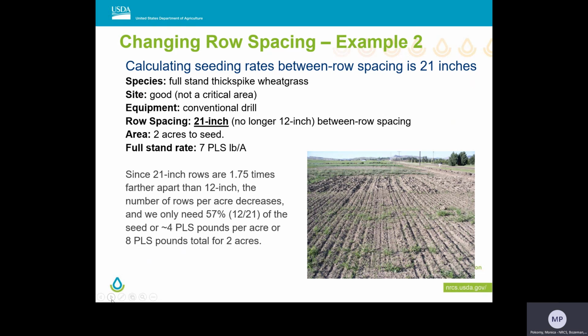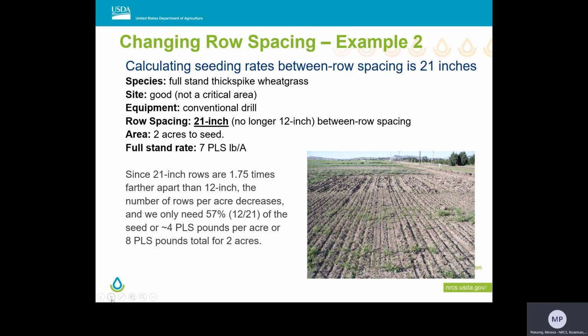That results in 57% less rows planted per acre than if you used a 12-inch row spacing. So if we elected to have the same amount of seeding rate per acre, we would be sowing about the same amount of seed and almost half the number of rows per acre, and it would result in a doubling of our seeds per square foot planted.